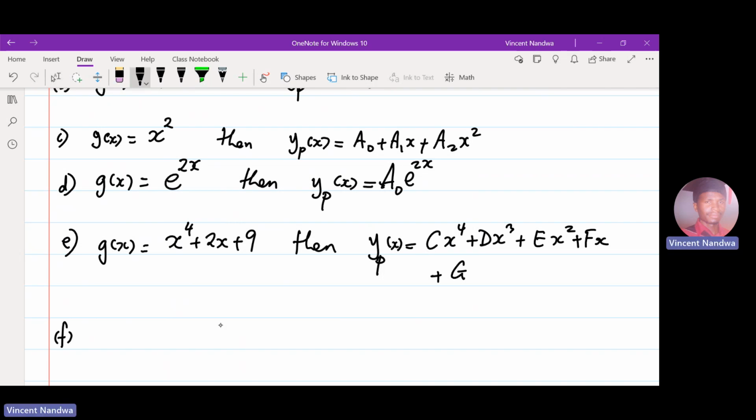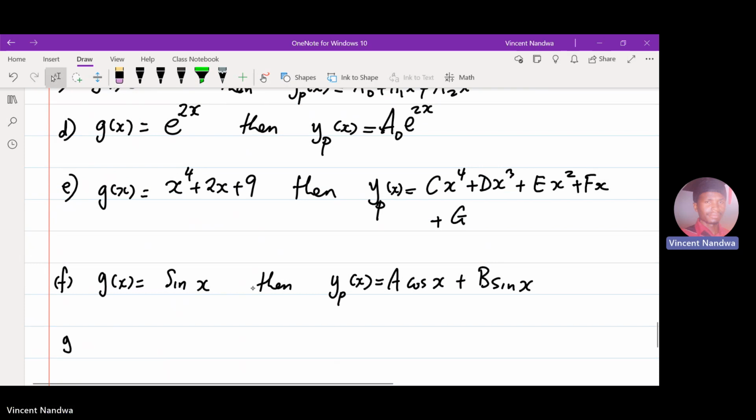And if I have g of x given by sine x, then what will be my yp? Is sine x the final answer? So a cos x plus b sine x.